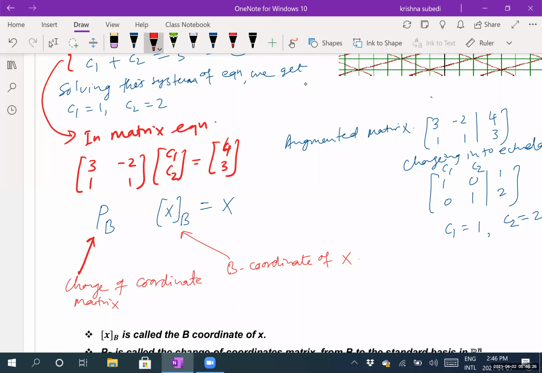We can use that formula as well. Okay, part A is done.